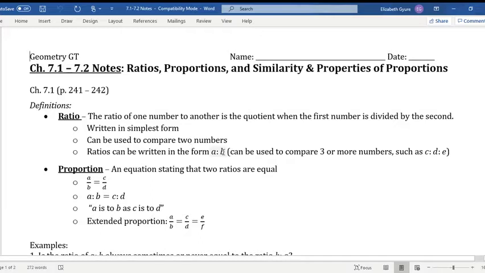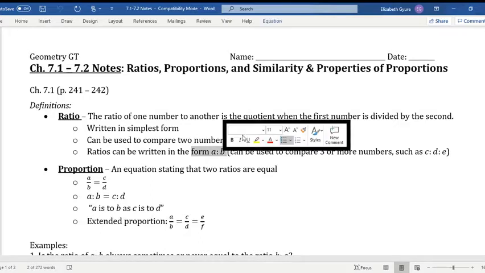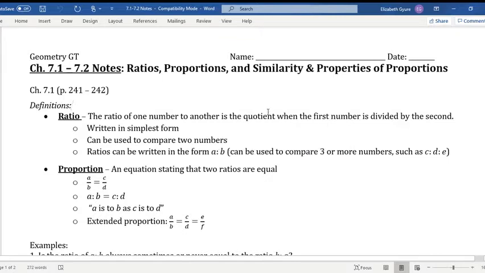Ratios can also be written in the form A:B, where that colon means "to." So that still says A to B. Also, with this colon form, we use that for extended ratios when we want to compare multiple things.